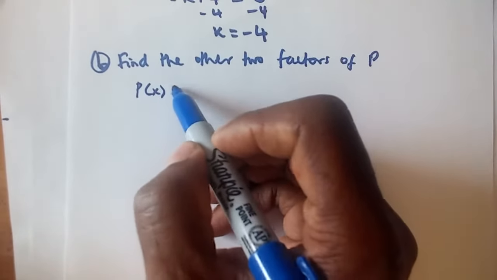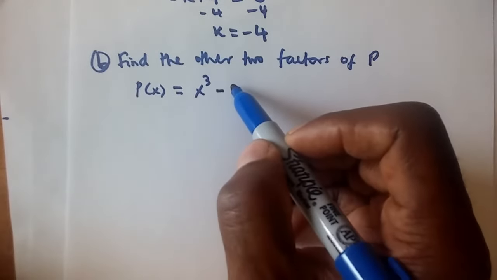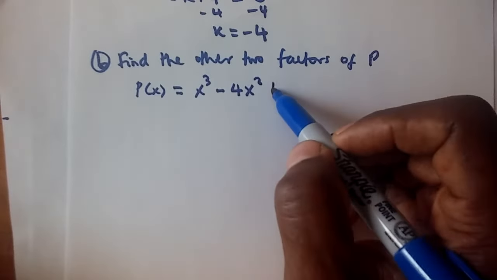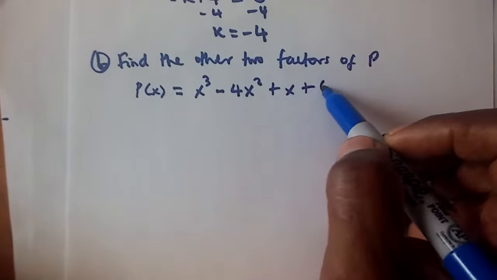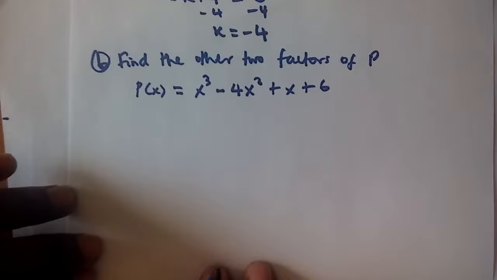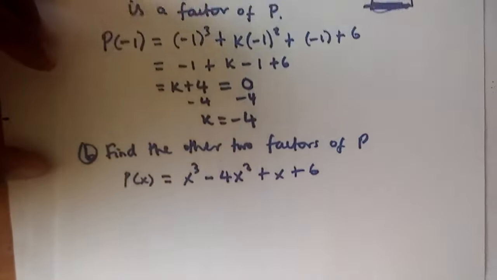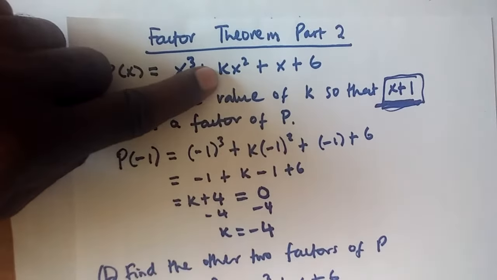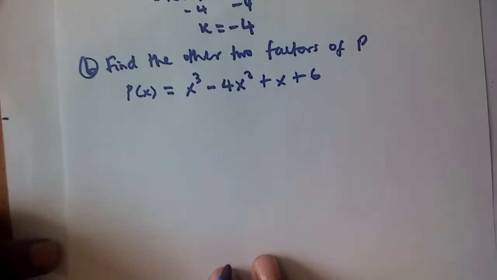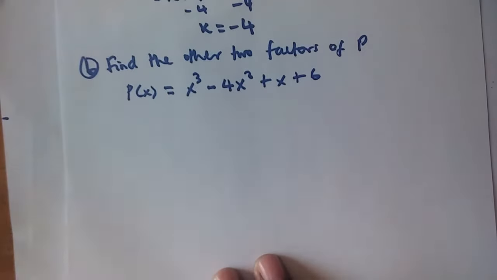So p of x will be x cubed minus 4x squared, because that's our k, plus x plus 6. So now that is our new p, because we have just plugged in k to be negative 4. So we're back to the real function now, for which we are going to find the other two factors.